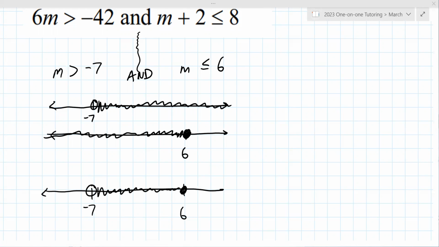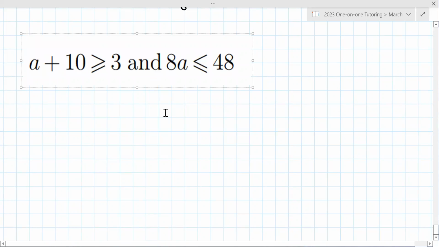Oh, this one does flip. Okay, here's one for you to try. Go ahead and work it out. Let me know if you have any questions along the way.